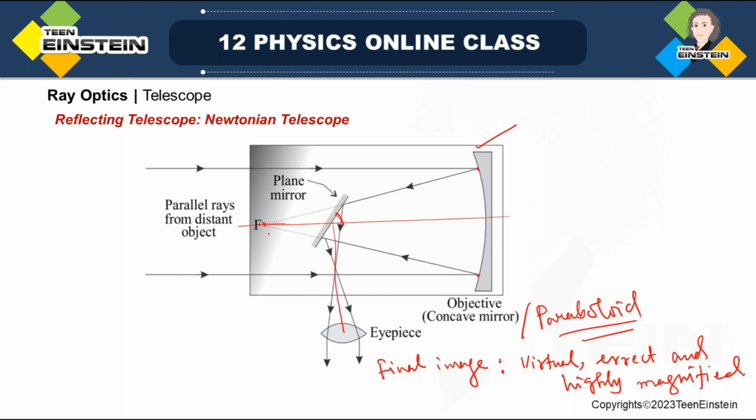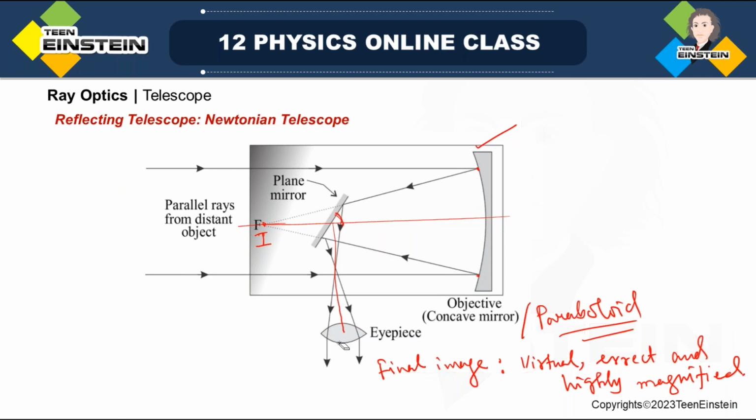This is a virtual image, and this virtual image will act as a virtual object for this mirror. That's what we can see. So the reflected rays from the plane mirror will pass through the eyepiece, and here the observer will sit and see the distant object.